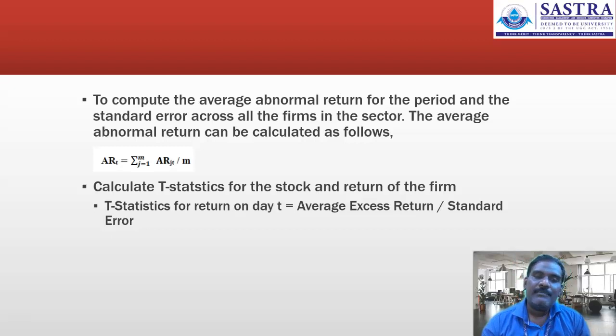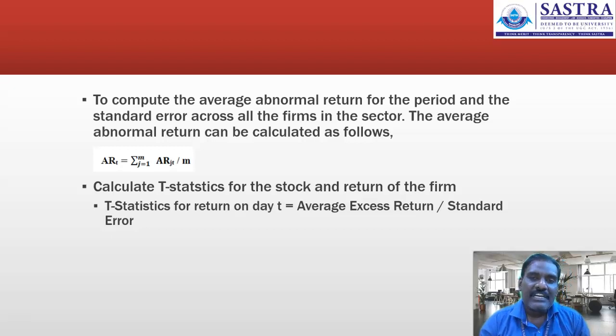Let's say, for example, in the bank index there are about 12 firms, 12 companies included in that particular index. The expected rate of return is calculated for the firms in the event study. For all firms it is calculated, and it specifies the rate of return generated by the specific stock during the period of time. So actual return minus expected return is calculated as the abnormal return for each firm in the event study.